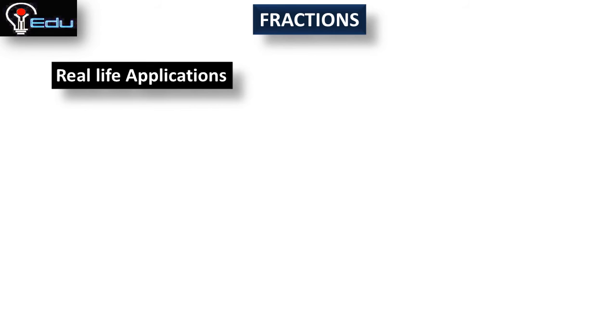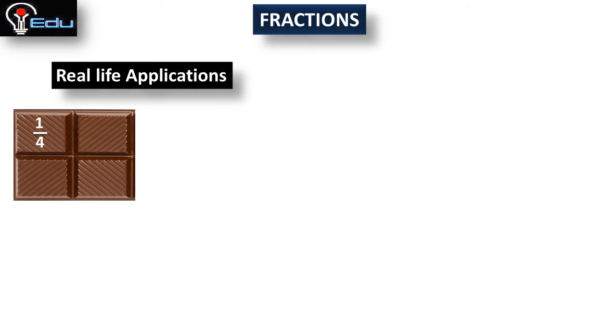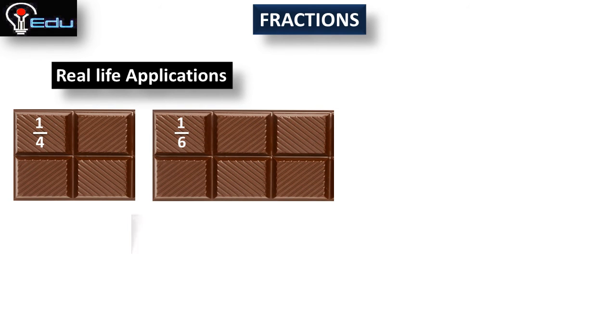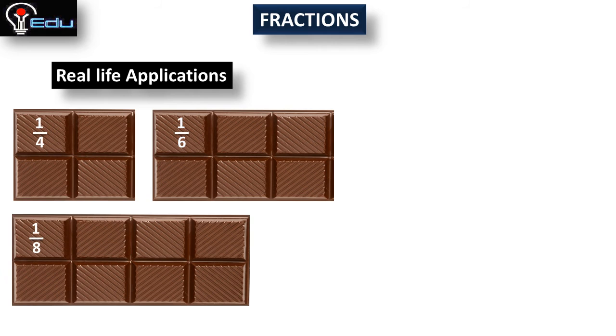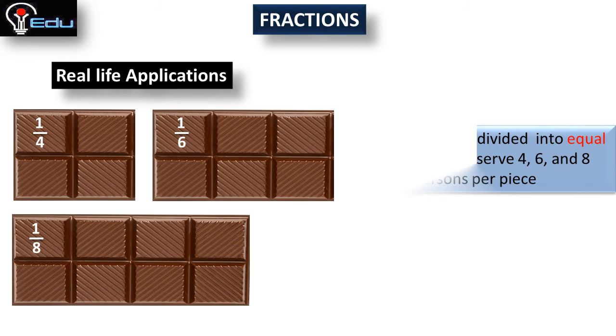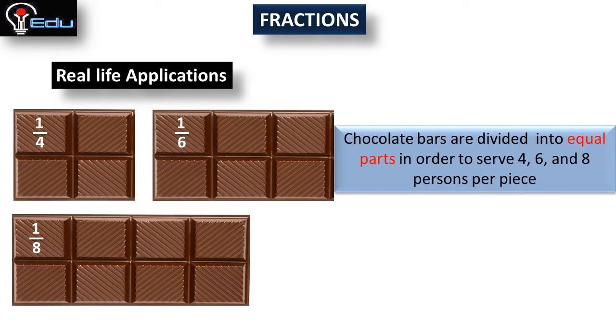Here we will see the real life applications of fractions. We see chocolate bars, different chocolate bars. Chocolate bars are divided into equal parts in order to serve 4, 6 and 8 persons per piece. Here the first one has 4 parts.